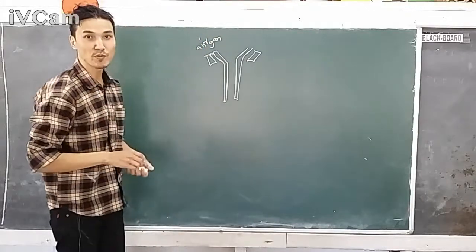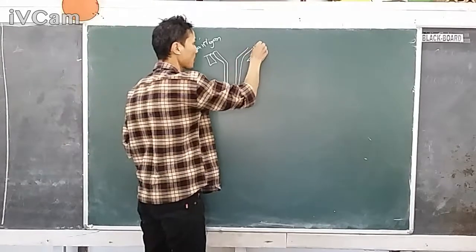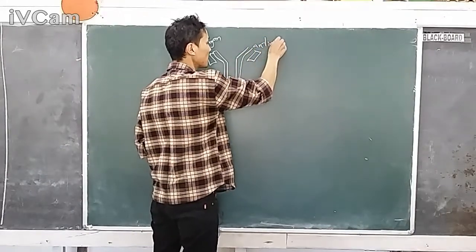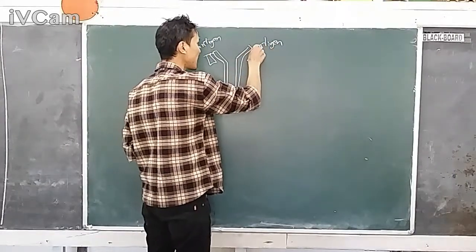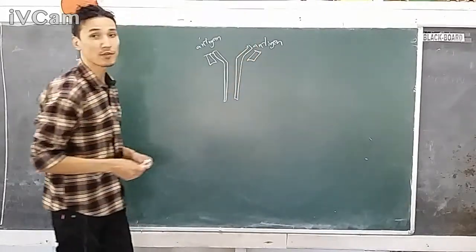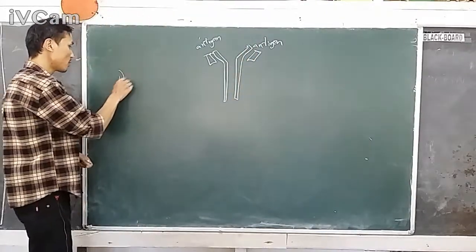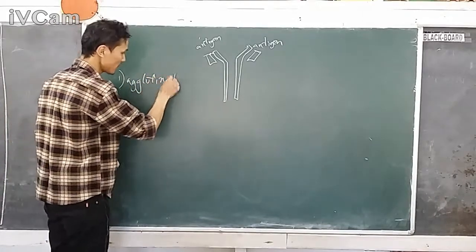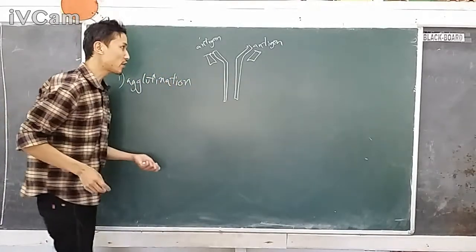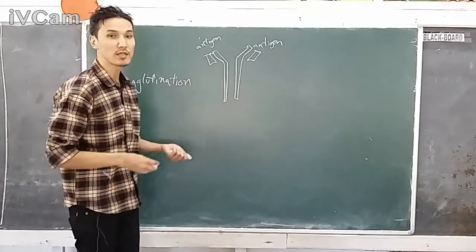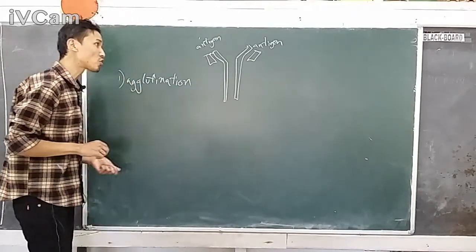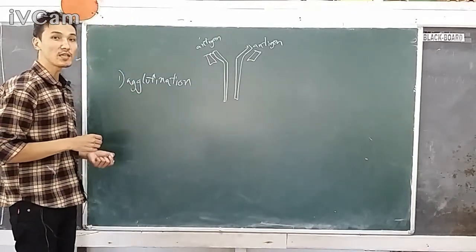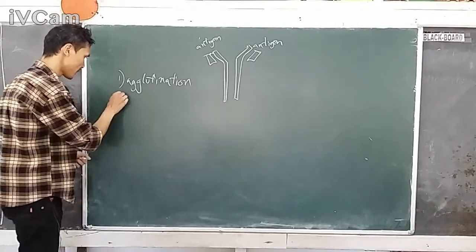Antigens are basically proteins produced by the pathogens. So once it binds to the antigens, there are three ways of action. One is agglutination. By agglutination, what it means is the antibodies bind to the antigen and they form huge complexes which are easily removed by the cells.